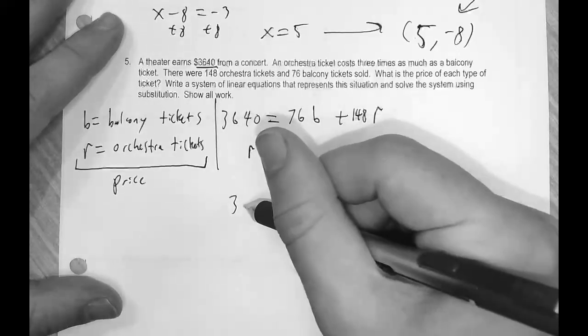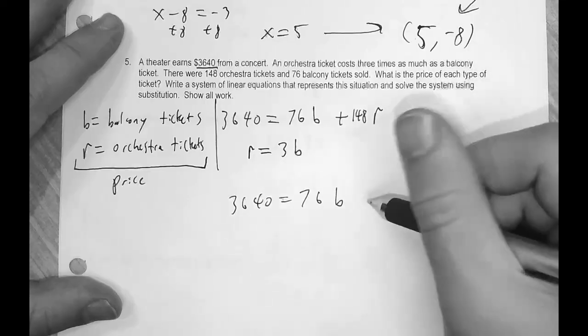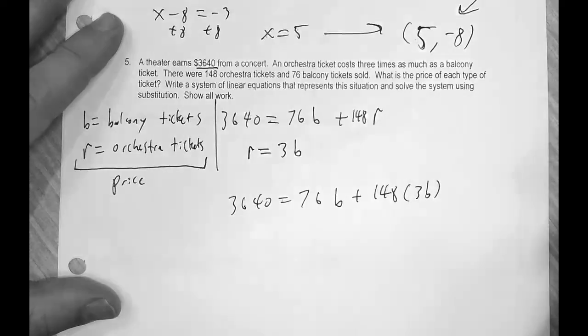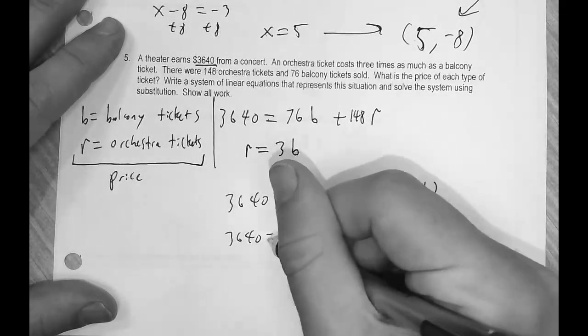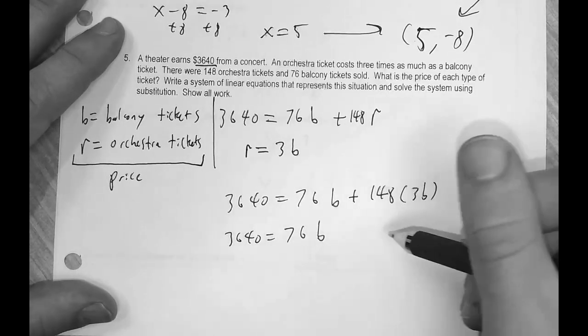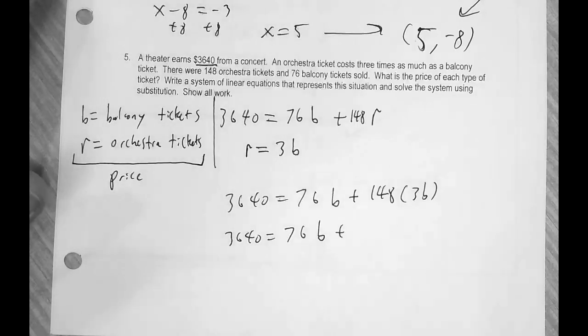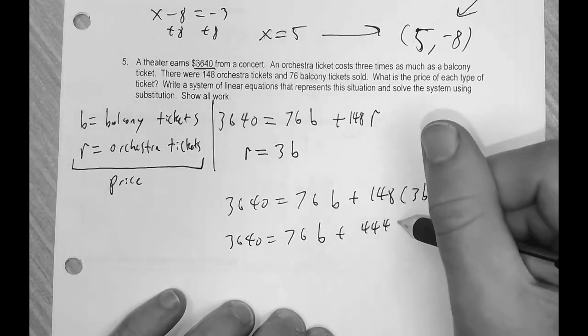So we can say that $36.40 equals 76B plus 148, then that's 3B. Okay? So let's keep going here. $36.40 equals 76B plus 3 times 148. Let's see here. 3 times 148 is 444. 444B.